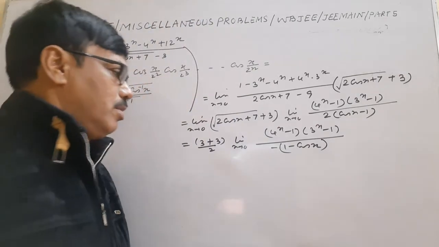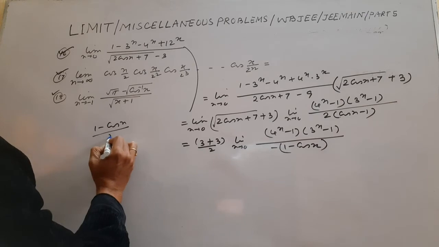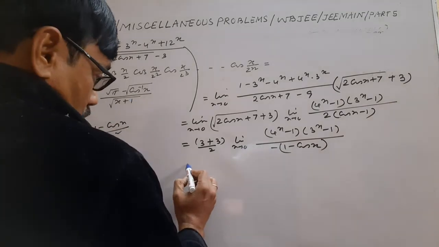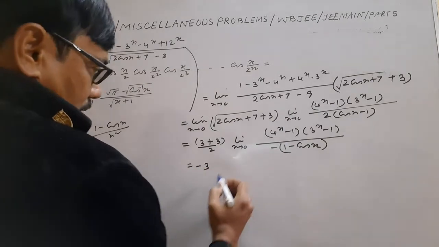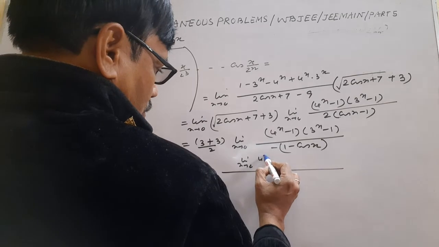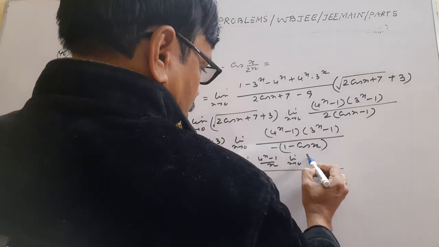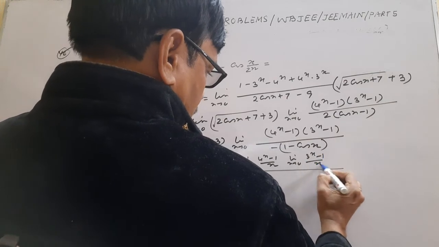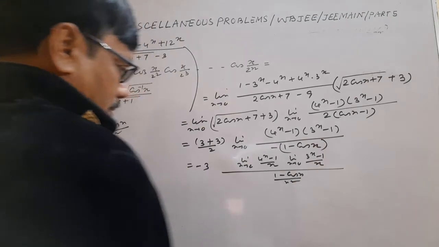Now standard, this is a well-known limit, 1 minus cos x by x square. So this is 3, so minus 3. So limit x tends to 0, 4 to the power x by x, limit x tends to 0, 3 to the power x by x. So 1 minus cos x by x square.